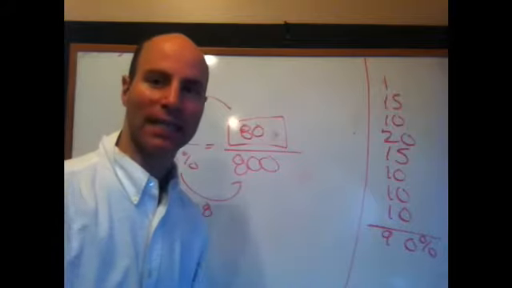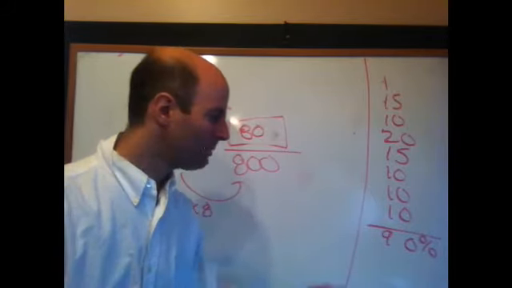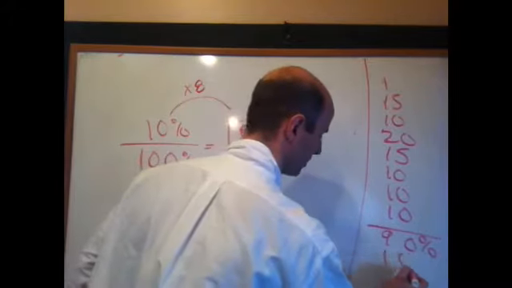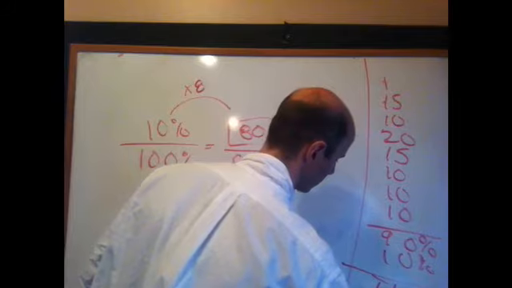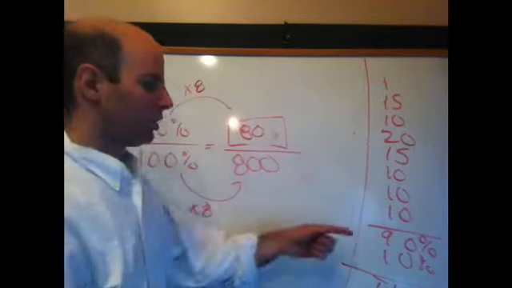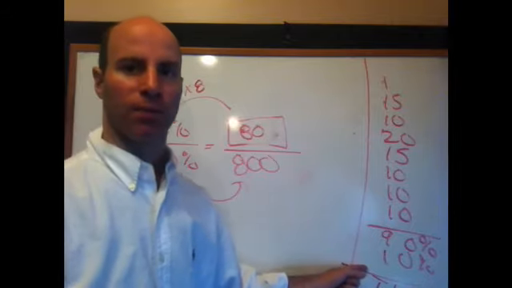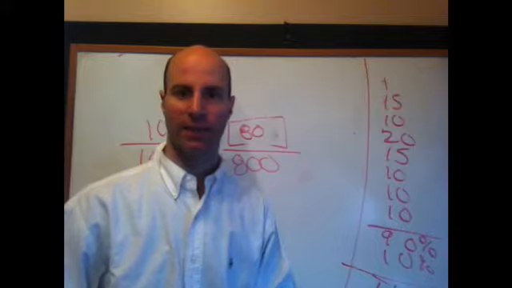Well, 90% is 90 parts out of 100. So that means that I'm missing another 10% to get the total number of students. So that was that missing amount that you needed to find in answering a question like this.